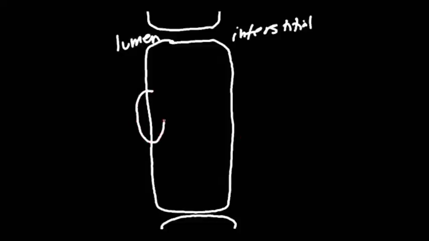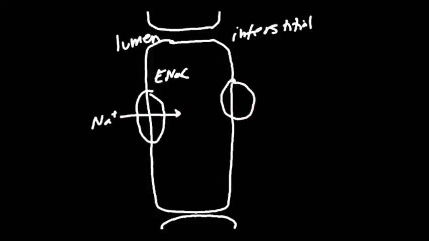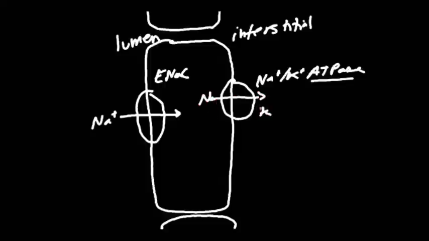We have a channel in here, and it'll be called the ENaC channel. And what we're going to be doing is taking sodium, and it will reabsorb the sodium. And we've got a pump over here that we've already covered, the sodium potassium ATPase. So we're going to cleave an ATP, and what this does is it's going to reabsorb our sodium. We're going to dump our potassium back into the cell, and it's going to require ATP in the process. So we're creating a sodium gradient using this Na-K ATPase, the sodium potassium ATPase.